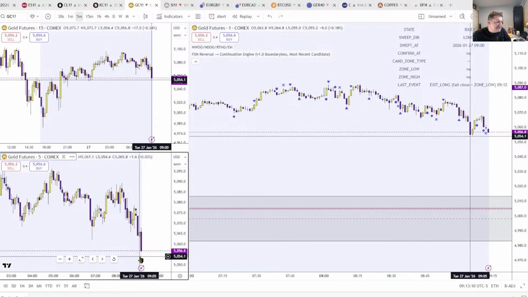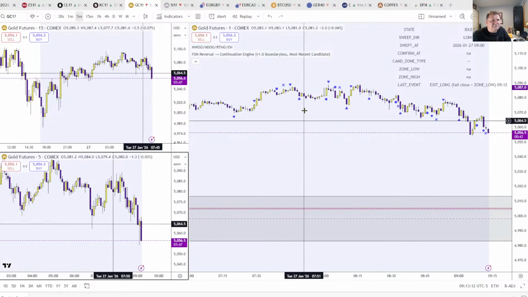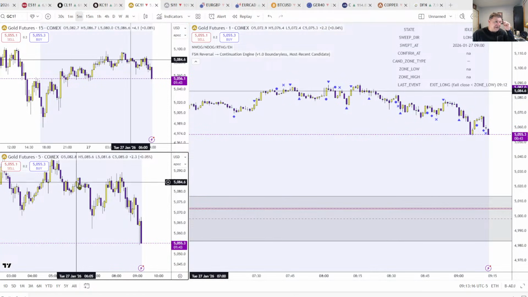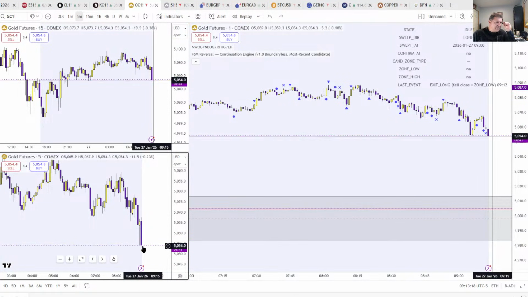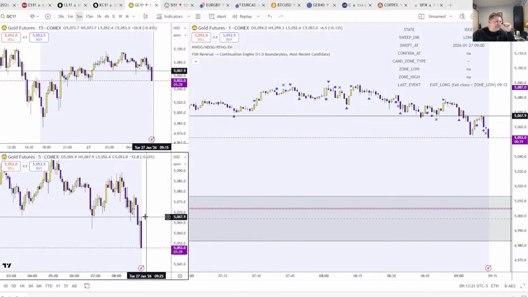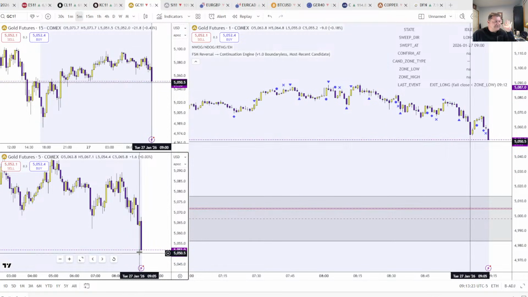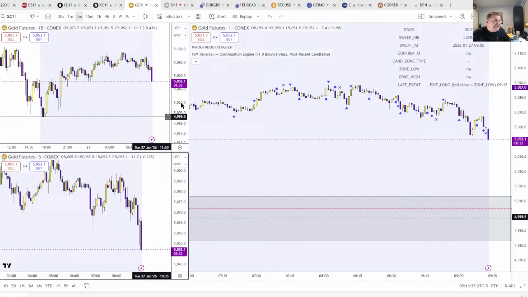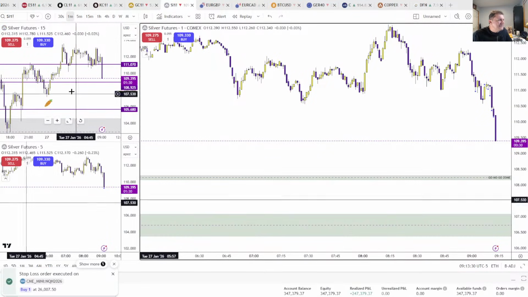Continuation. You want to see that low get taken now and send it a little lower. As soon as that wick gets taken, right there, you pay yourself. Move your stop loss to break even and let it run. That's the gold trade right now.